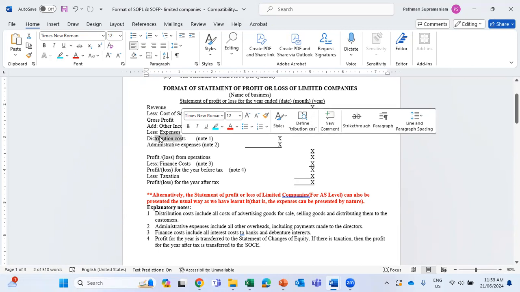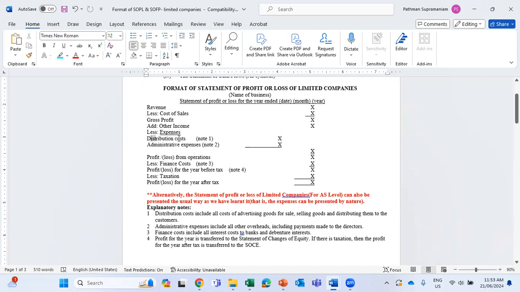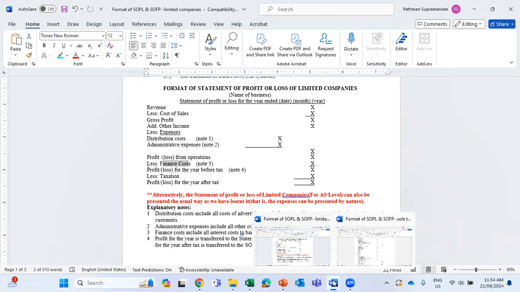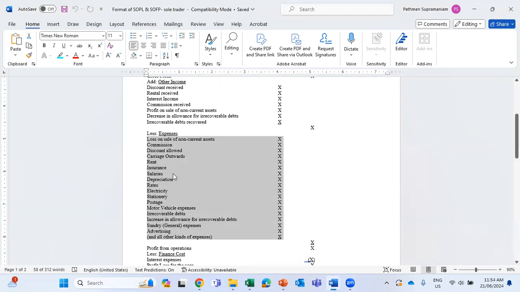Okay. So this setup is called classifying by function, because there are three functions here: distribution cost, admin expense, finance cost. But sometimes for AS, in a limited company question, the question will ask you to prepare the SOPL the normal way. That's called classifying by nature, like what you do here.